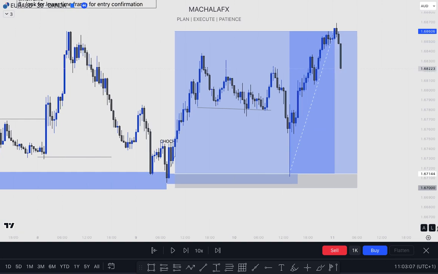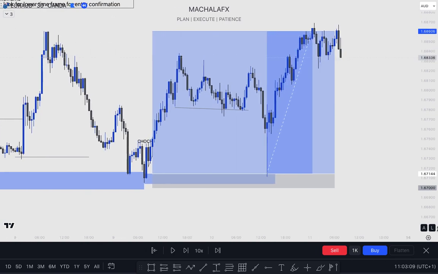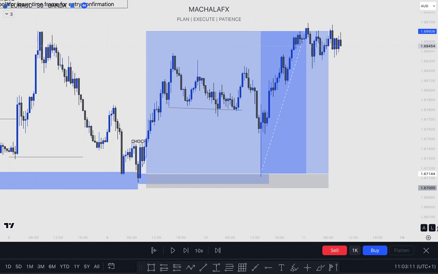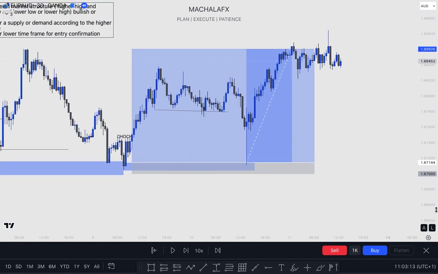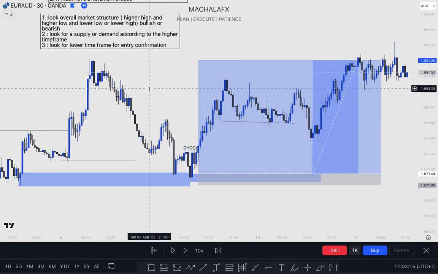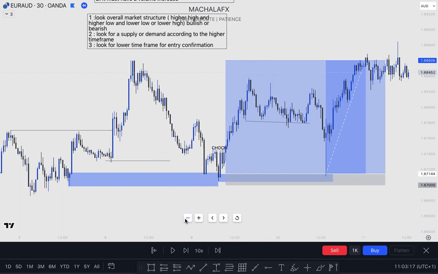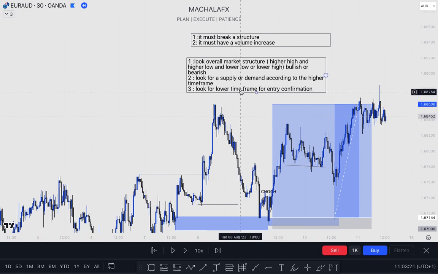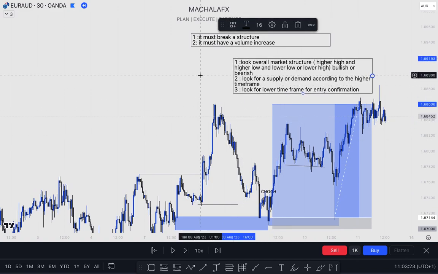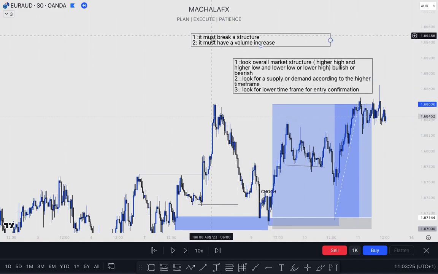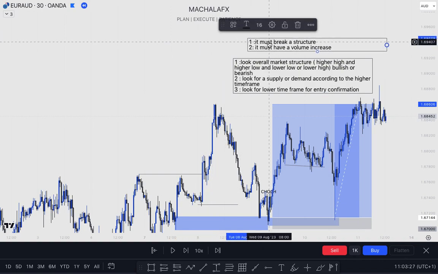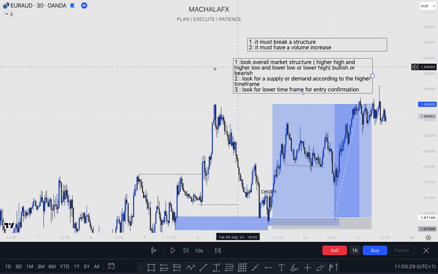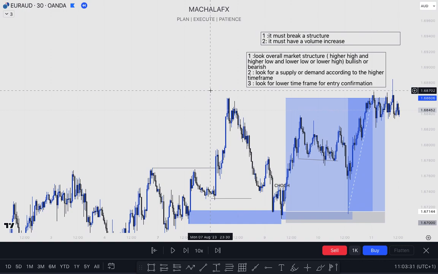So let's see, the market actually hit our take profit and started consolidating. So these are the 3 rule bases you need in order to trade supply and demand levels. These are the 2 most important rules you need to focus on. So guys, that is it. That is the end of this video.